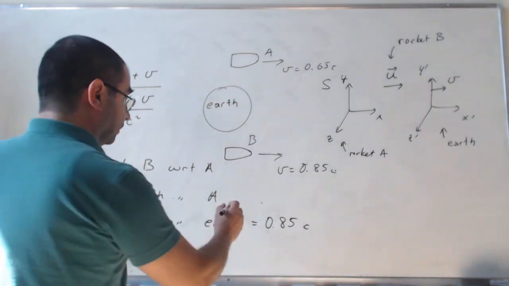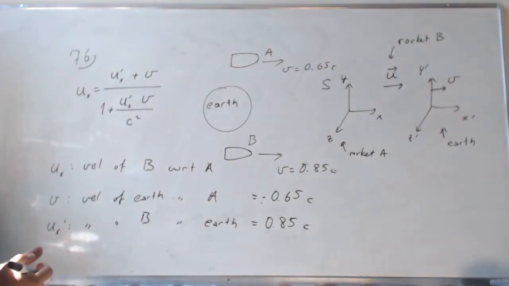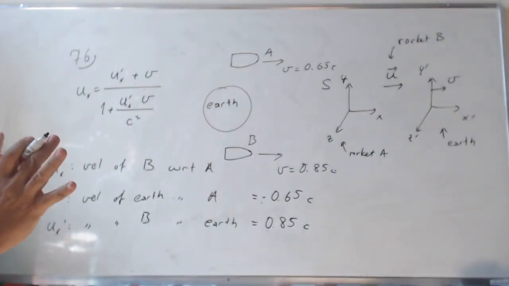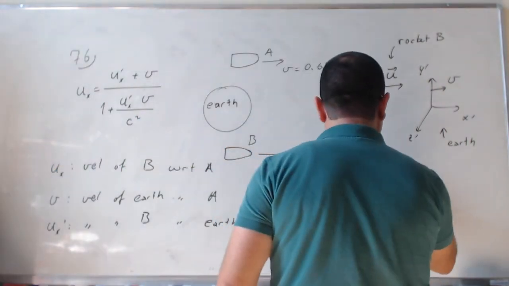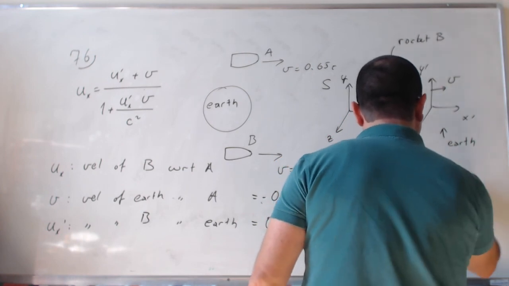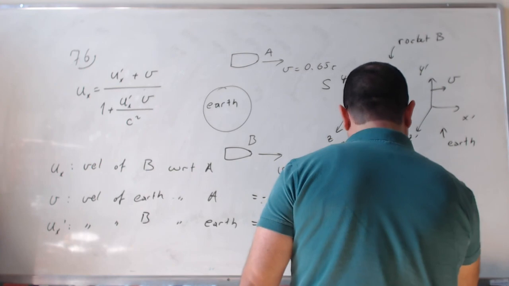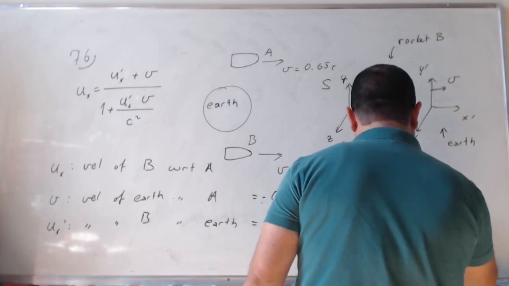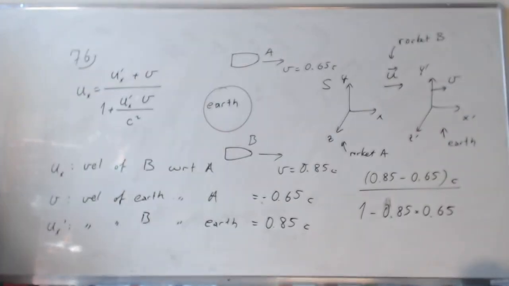So this is going to be negative 0.65 c. Once you put this out formally, it's just a matter of substitution here. Your answer is going to be 0.85 minus 0.65 c divided by 1 minus 0.85 times 0.65.